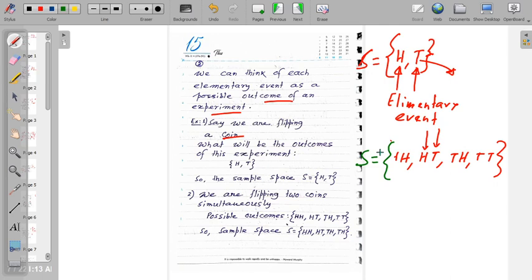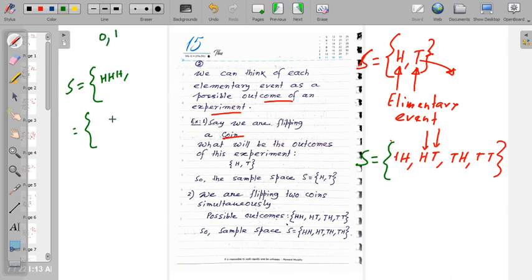Now, what will be the sample space whenever we are flipping three coins simultaneously? Maybe we can write it in terms of digits. Say head is 0 and tail is 1.